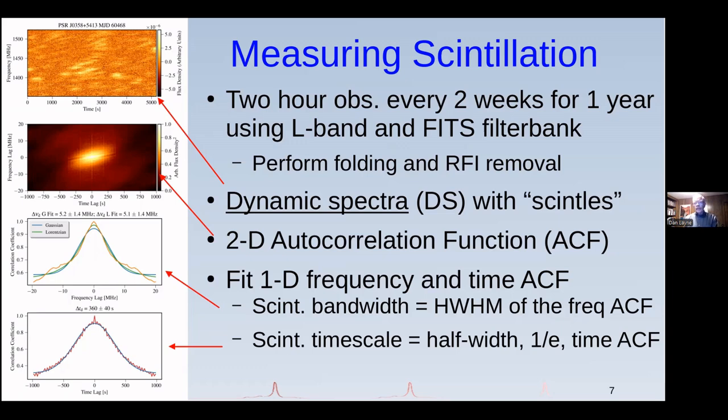What we do is, for one year, so that's one full trip around the sun, we take a 2-hour observation roughly every 2 weeks, and we're using the L band. The data at Green Bank is generated into FITS filter bank, and that's a difference also.